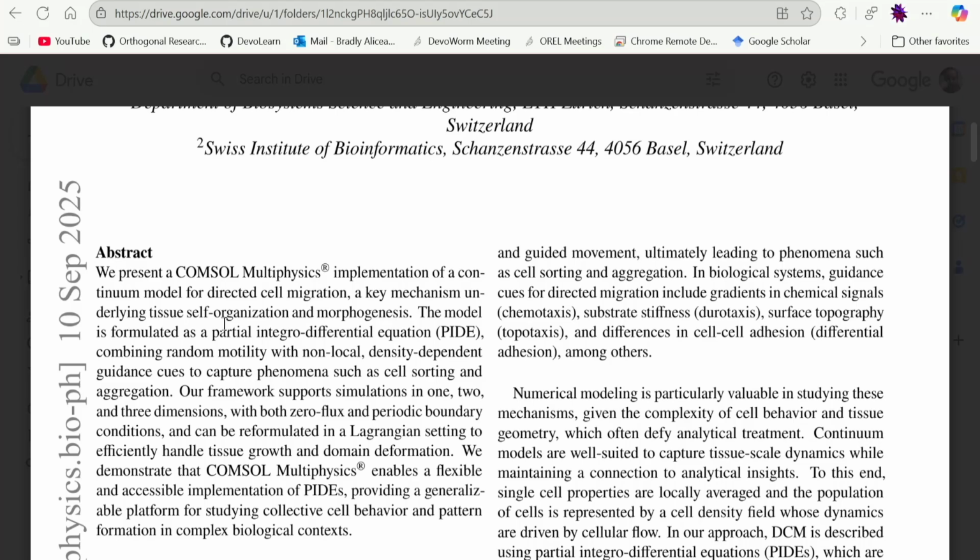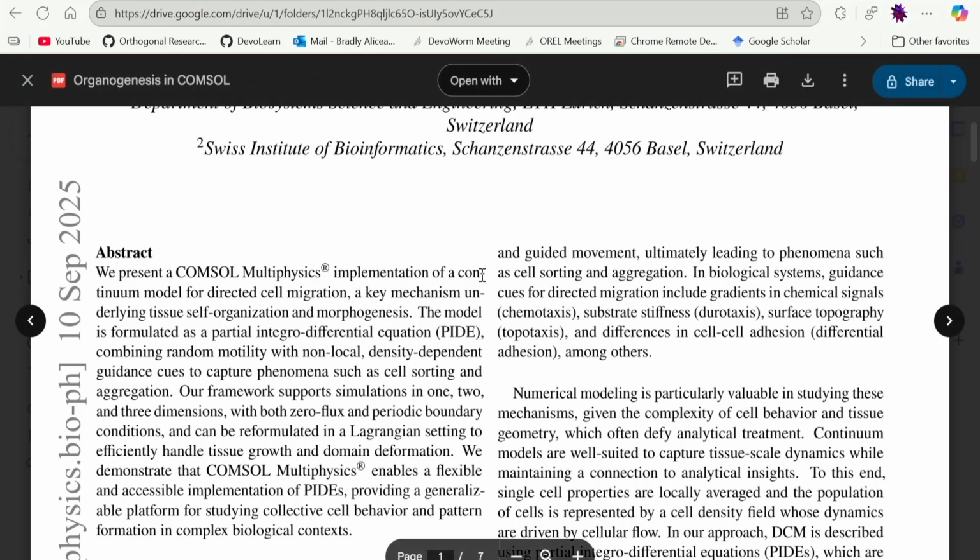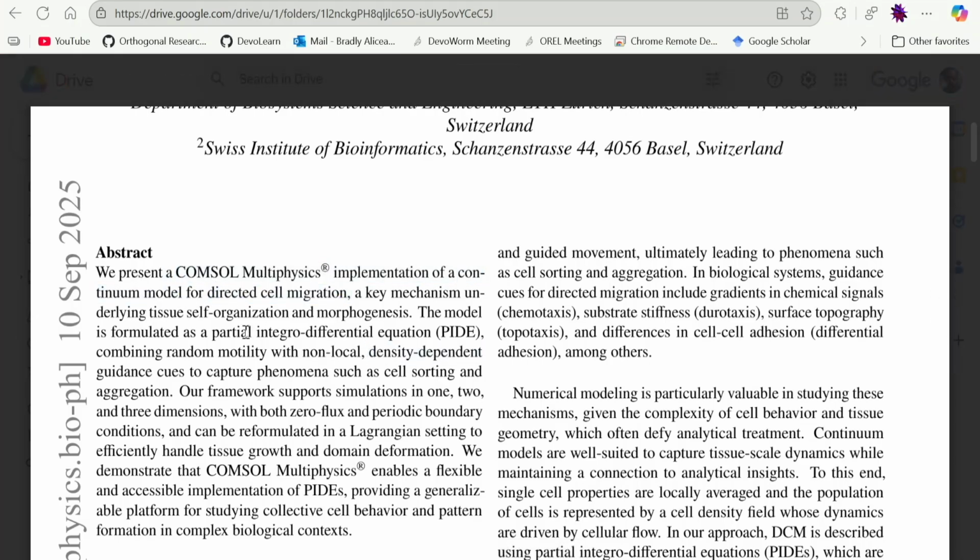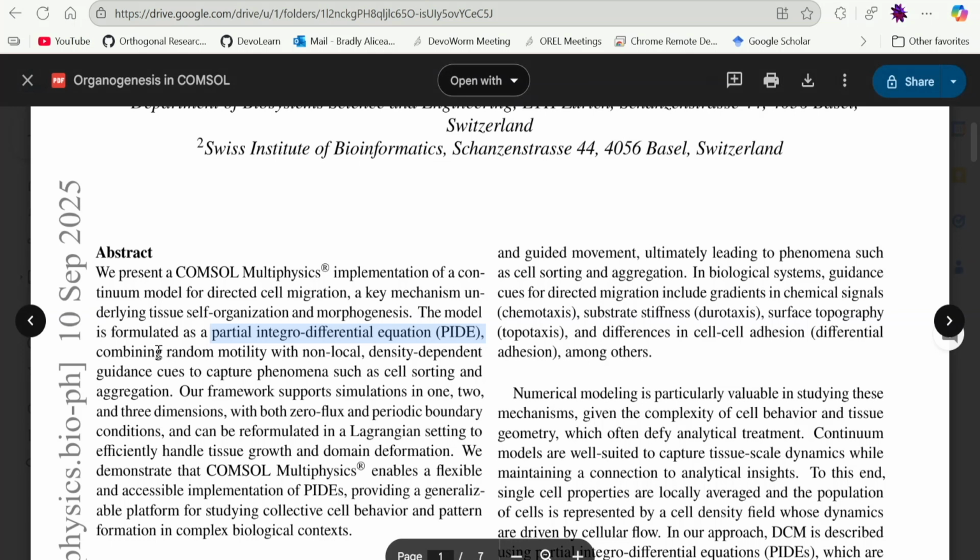So we have a continuum model, and they're looking at directed cell migration, using this PIDE model, which is a partial integral differential equation. This allows us to combine random motility, maybe a Brownian motion type movement, with non-local density-dependent guidance cues.